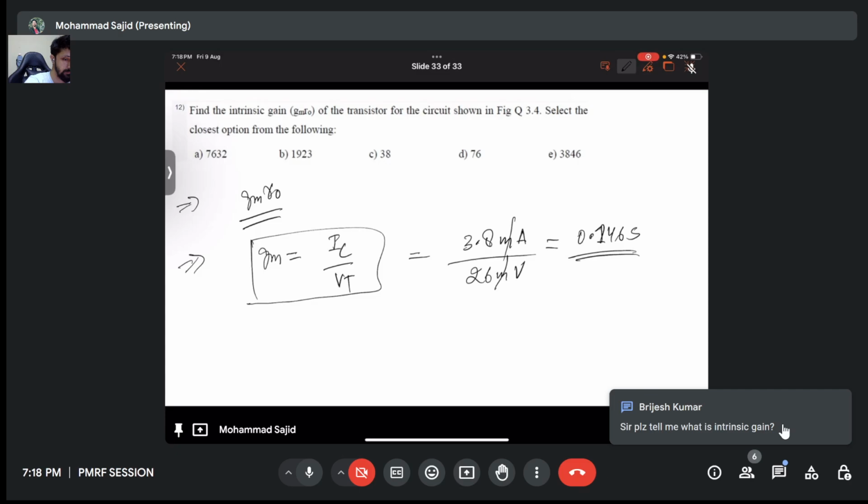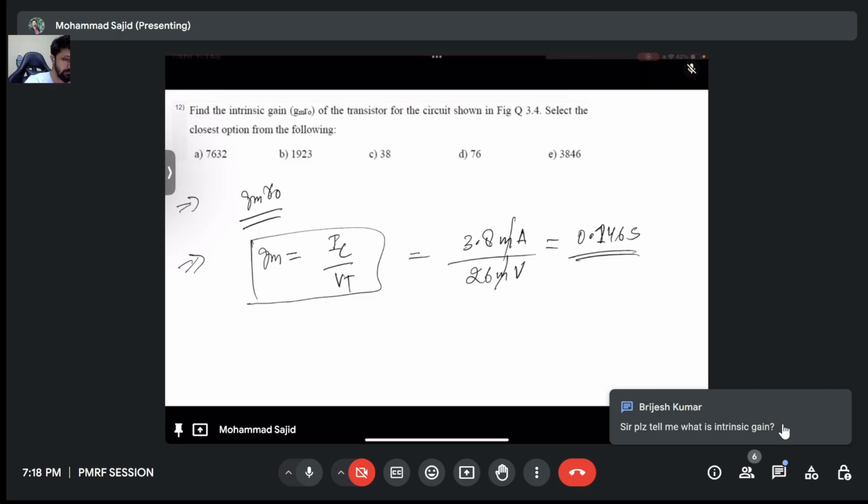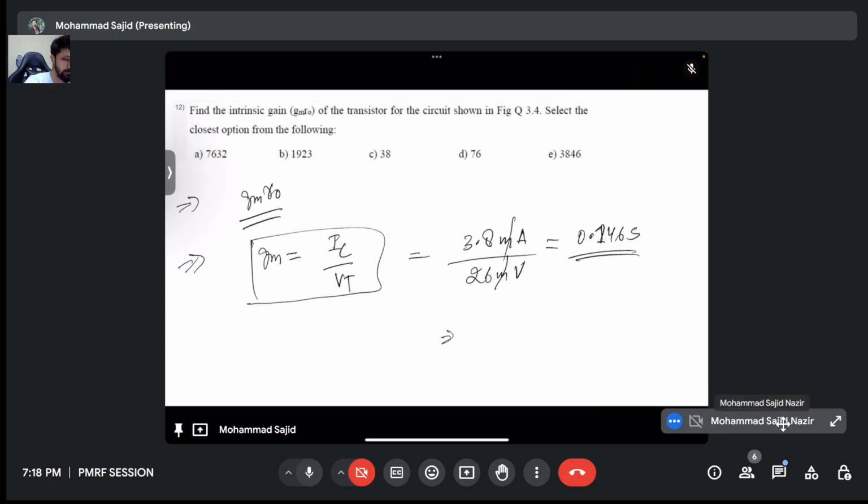Intrinsic gain is the transistor's gain. Let's say this is R pi, this is GM VI, VI is here. This is intrinsic resistance, output resistance of the transistor.